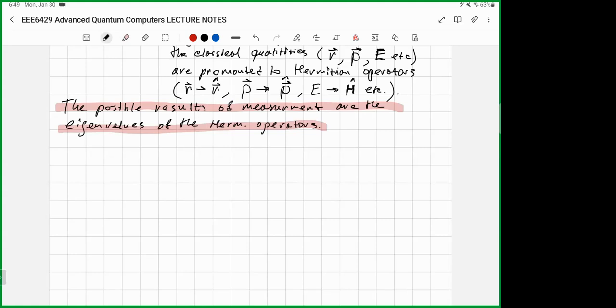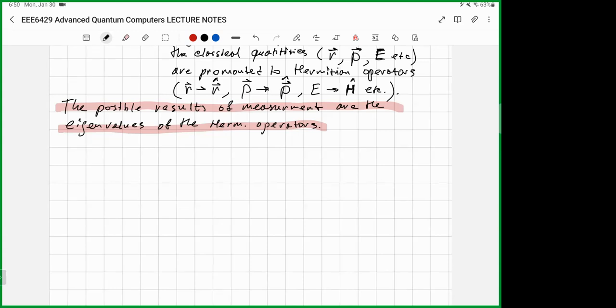You have a classical quantity. You write down the Hermitian operator for this classical quantity. And quantum mechanics states that the values that you can measure in your lab correspond to the eigenvalues of the operator.